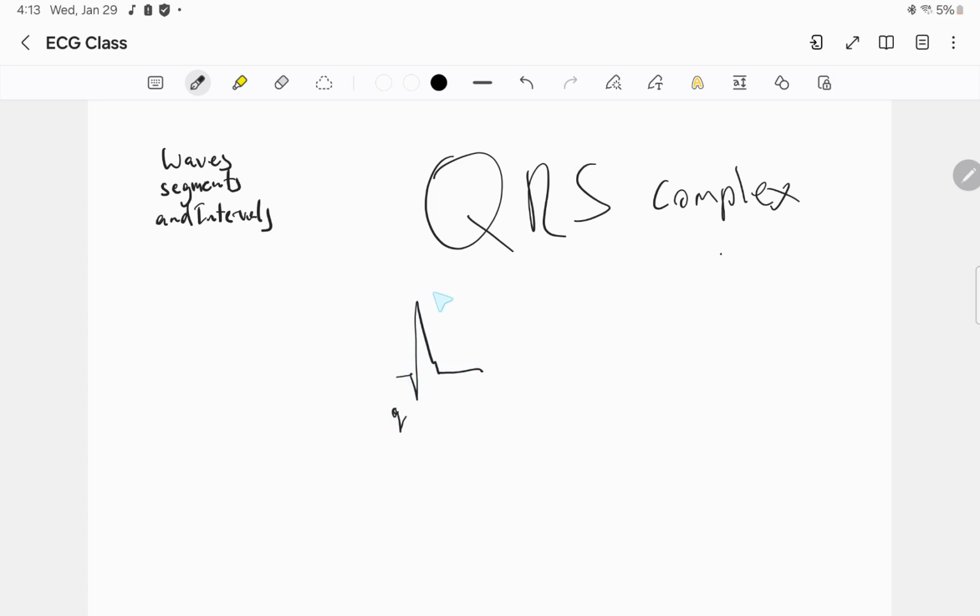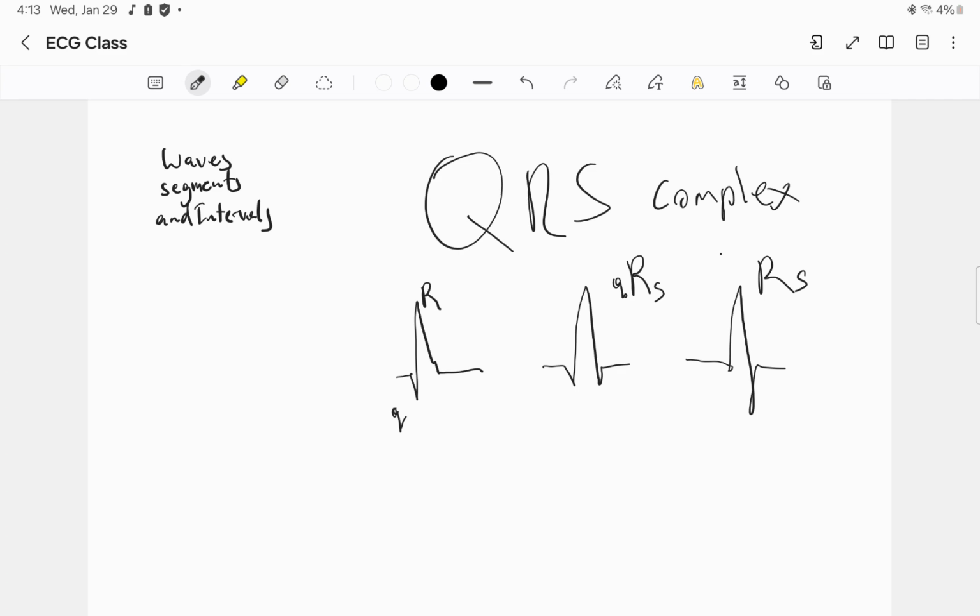This would be a tiny q and a big R. If I have something like this, it would be qRS. If I have something like this, it would be an RS. So that's how you write them if you want to be 100% accurate, or if you want to be very technical about it.